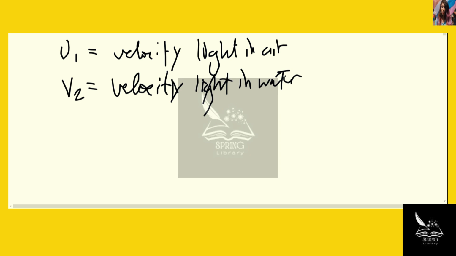According to Fermat's principle, a ray of light will travel from a point A in the air to a point B in the water by path ACB that minimizes the time taken.